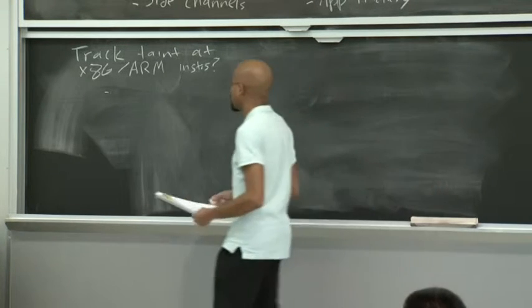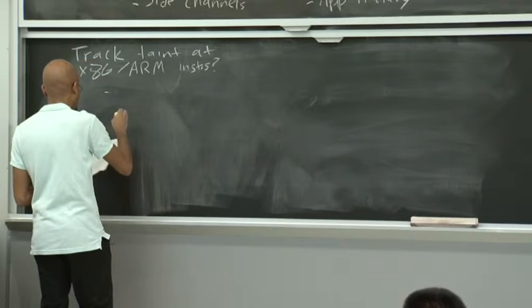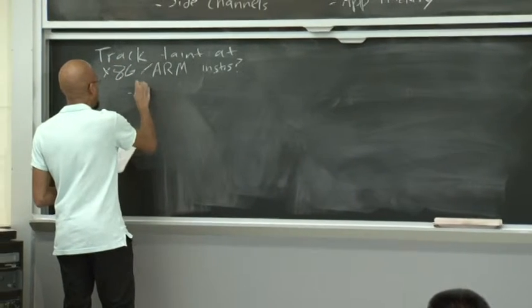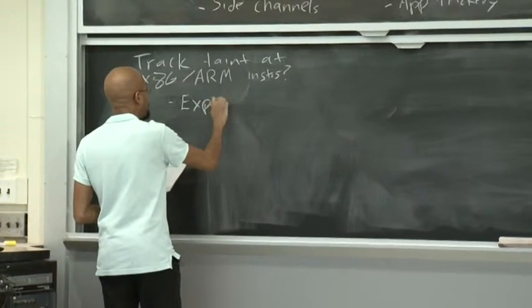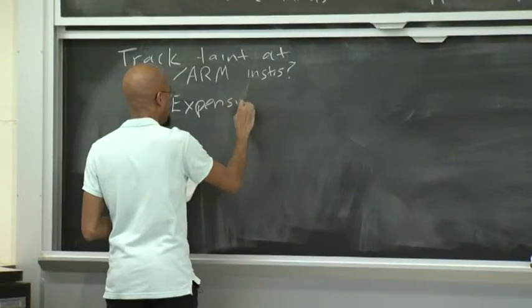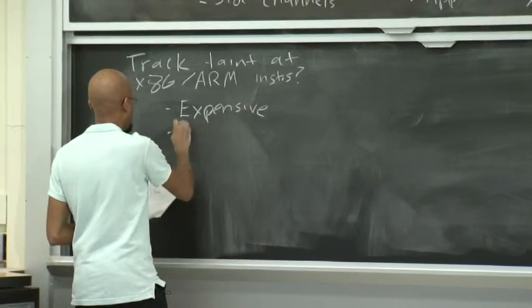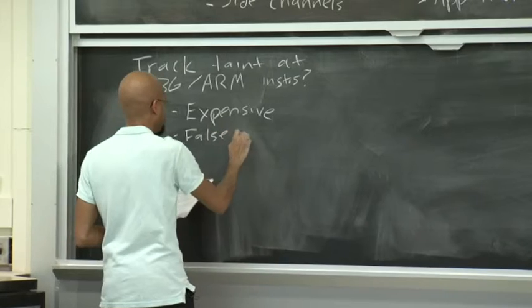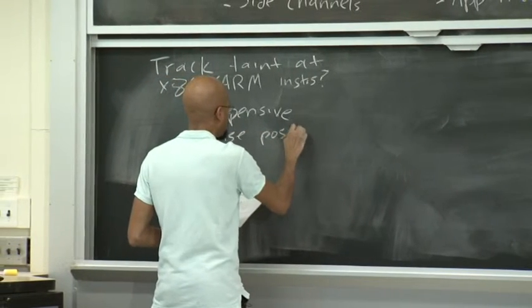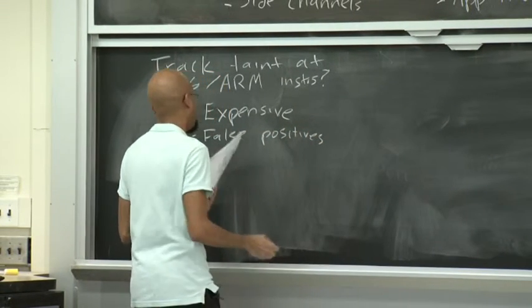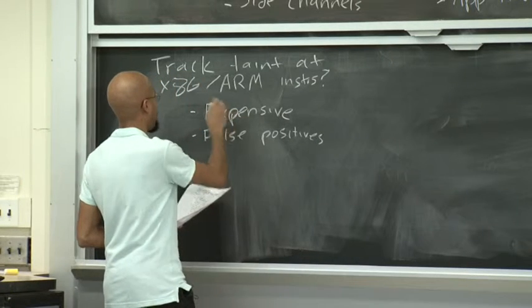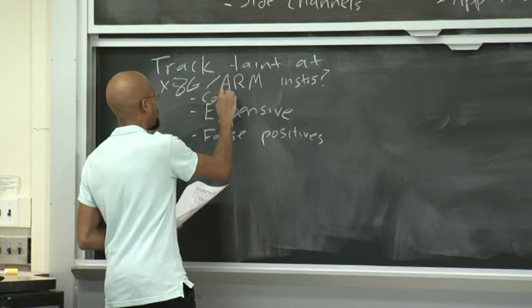But the problems are that if we track at this low level, it can be very expensive, and you can also get a lot of false positives. With respect to the expense, there's also this issue of correctness.